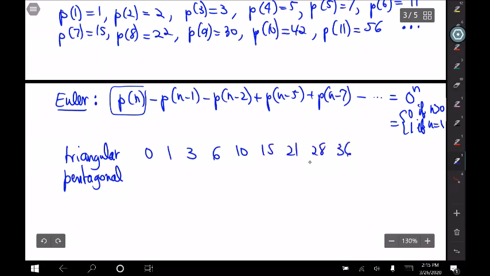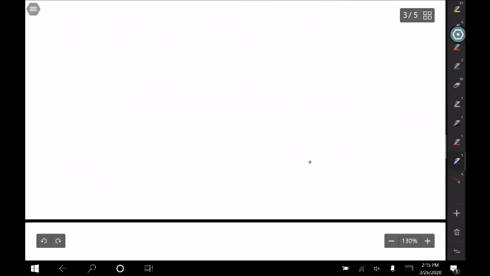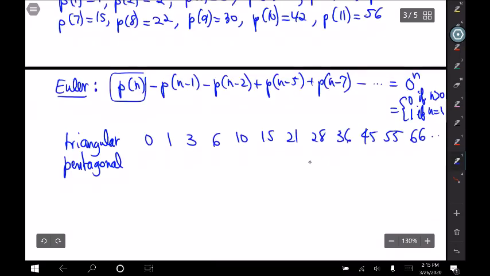So 36, add 9, 45, what's next? 55, add 11, 66, and so on. An easy way to find the pentagonal numbers is just to check the ones which are divisible by 3. Do you guys agree? And just divide them.